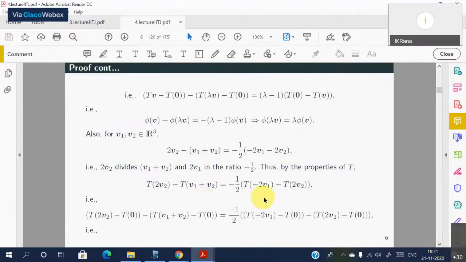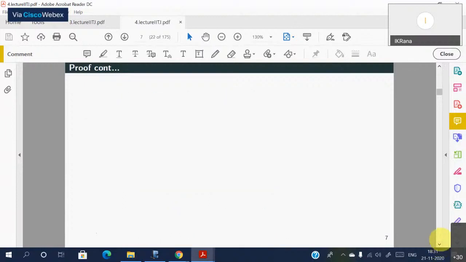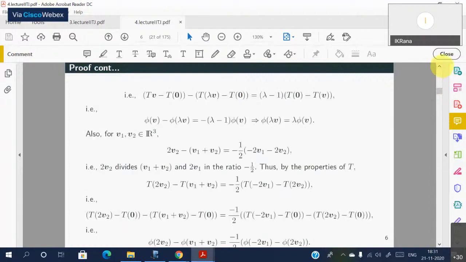So this T0 we can add and subtract everywhere and then bring it in terms of phi, so that I can write this equation in terms of phi. So this gives you TV minus T0 minus T of lambda V minus T0 is lambda minus 1 times that. So that gives you the equation in terms of phi.